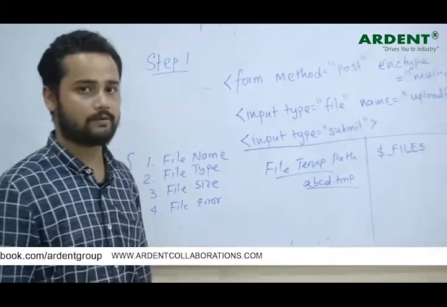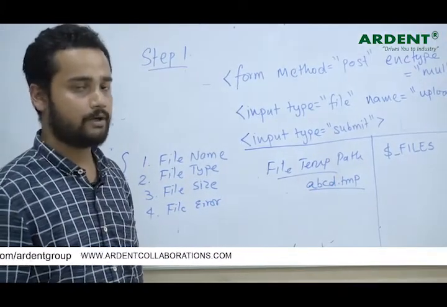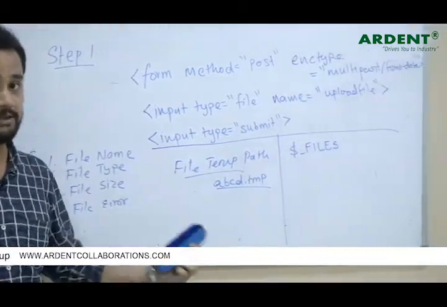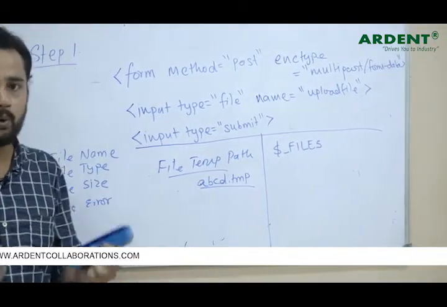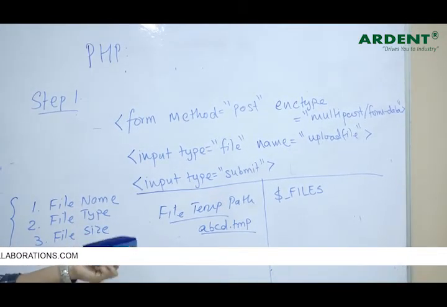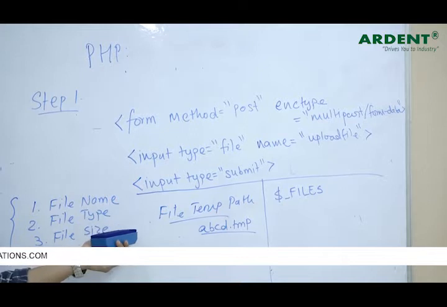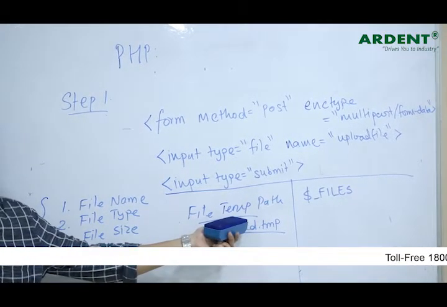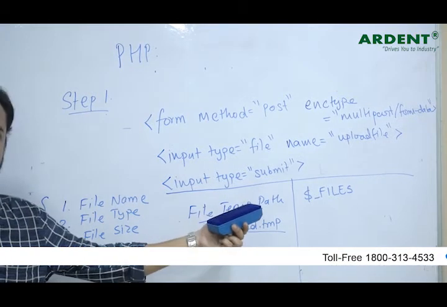What is this $_FILES? $_FILES is a super global variable, an associative array which holds all the information of the file, like file name, file type, file size, file error, as well as file temporary path, which we need later on.